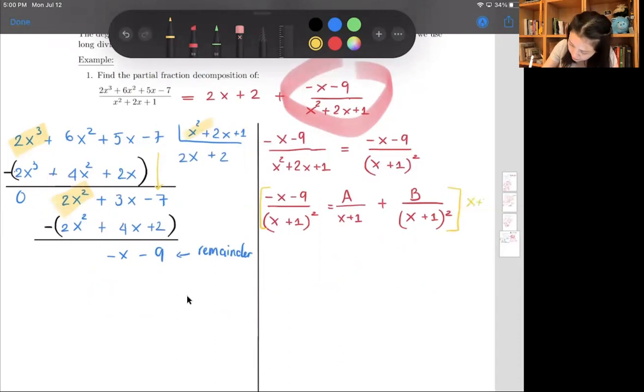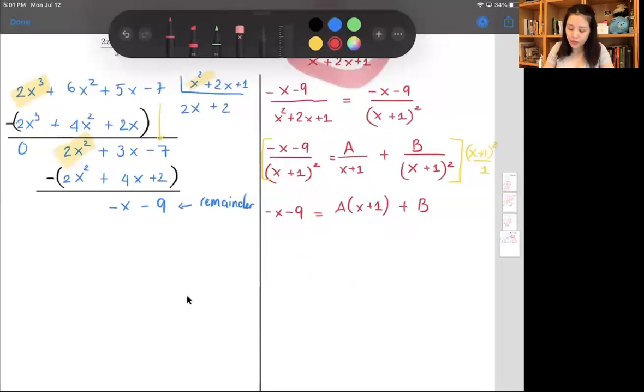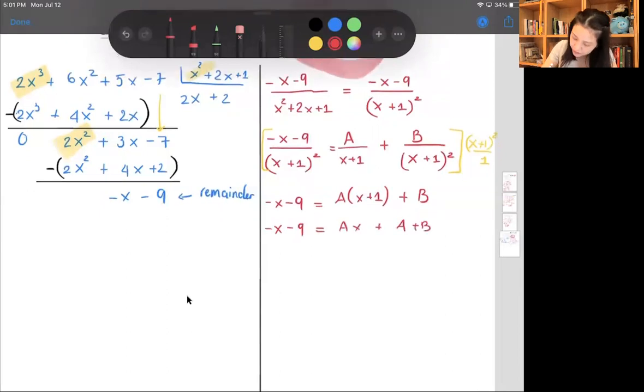So it's x plus 1 squared over 1, and then you distribute into each fraction. So on the left-hand side, just negative x minus 9 equals a times x plus 1 plus b. So negative x minus 9 equals ax plus a plus b.